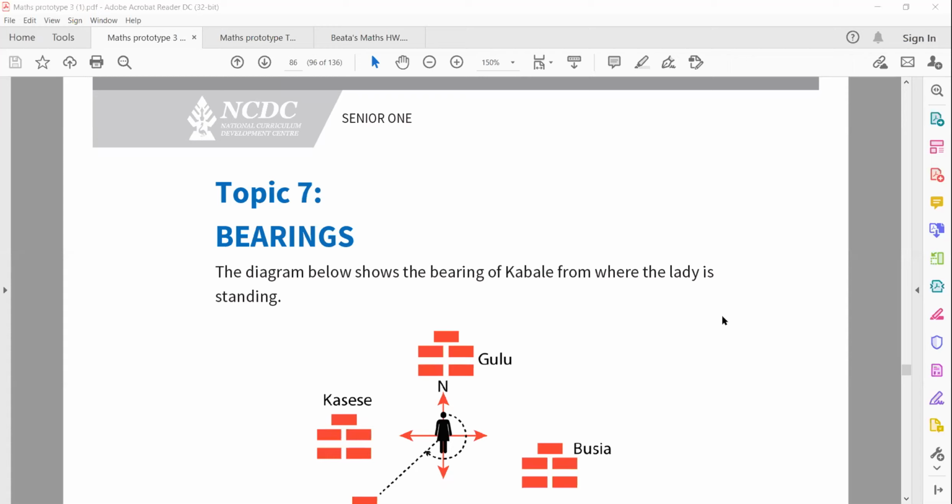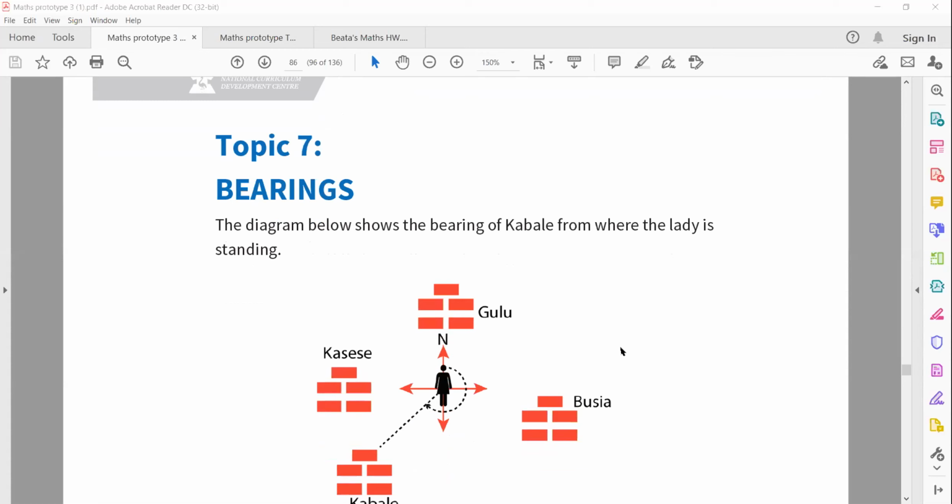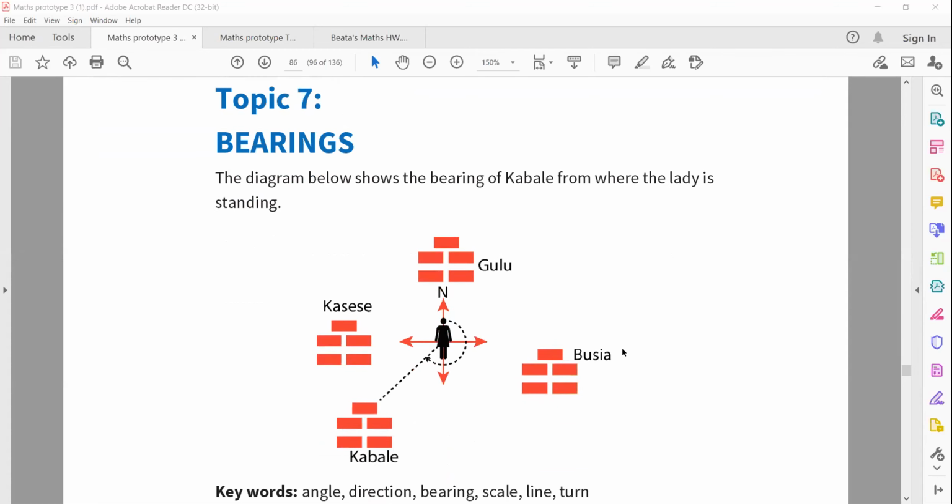I know there is a section after this one which talks about the details of bearings, the definitions, but then we also need to know the meaning because it is a new term. So we need to know, what does this term mean? When you talk about bearings, what do they mean?